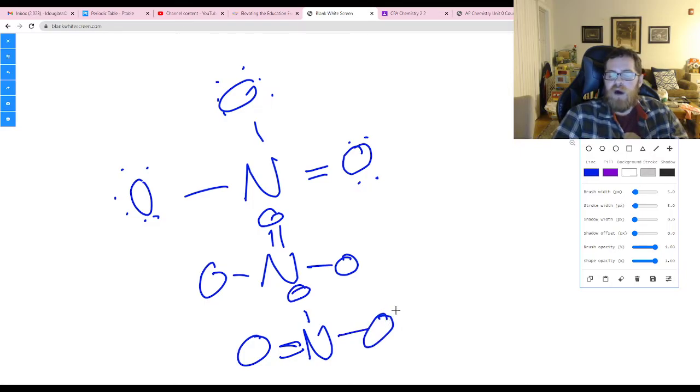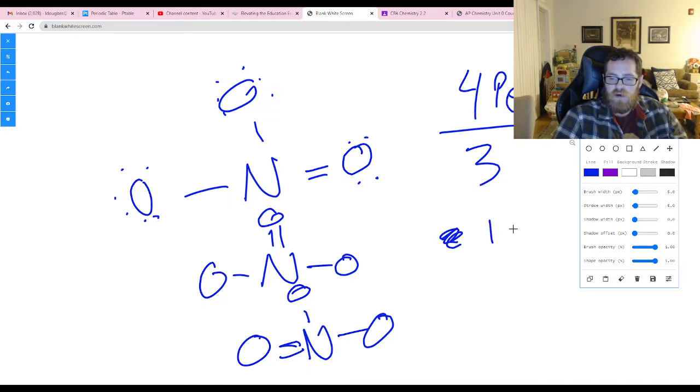So if you want to do a bond order, you would say, okay, we have 1, 2, 3, 4 pairs of electrons split up between 3 different bonds. 4 over 3 is going to be 1 1/3, or a bond order of about 1.33, repeating.